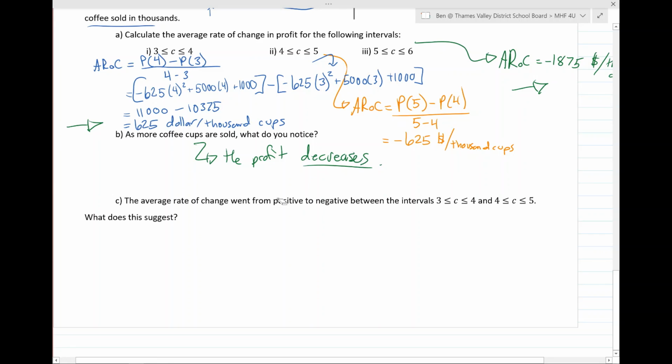This suggests that we have a vertex, a maximum point, at some point between 3 and 5. And because it goes from positive to negative, but they have the same values, positive 625, negative 625, even further, it suggests that there is a maximum profit at 4,000 cups.